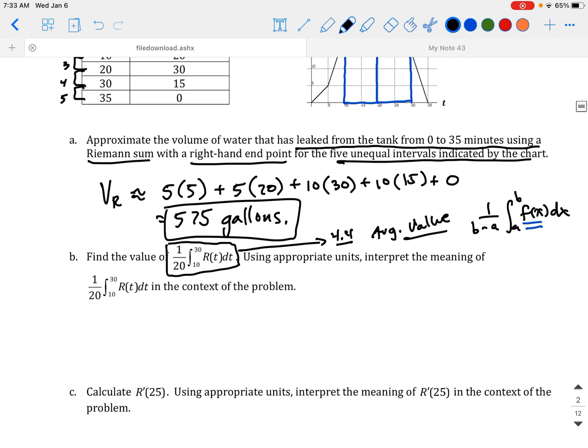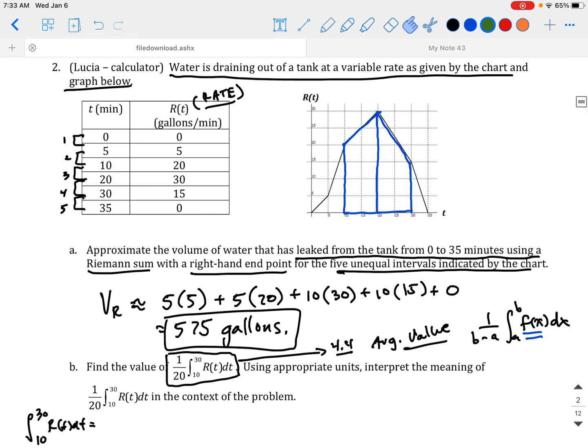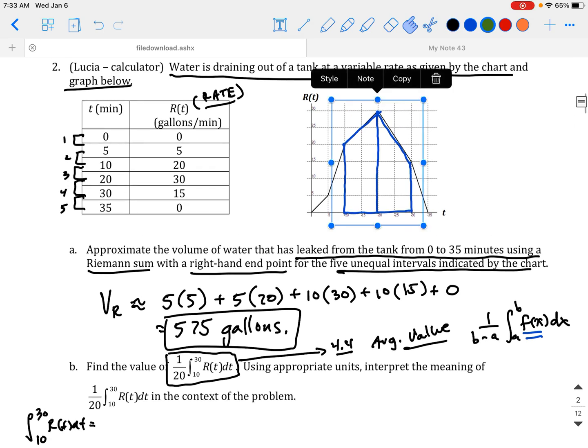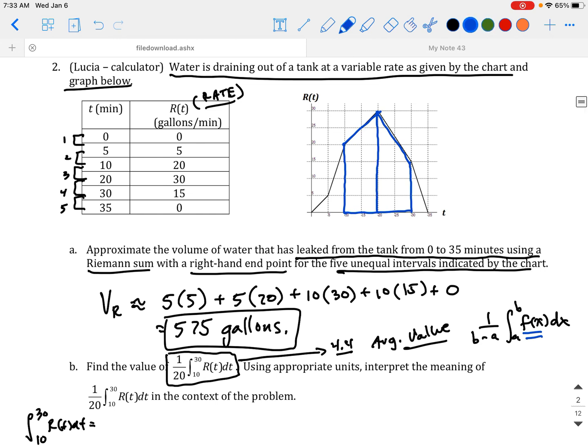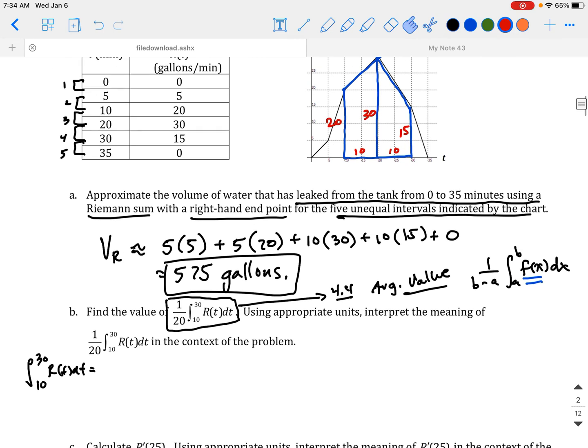All right, so let's go ahead and calculate that down here. So we'll do the integral from 10 to 30 of r of t dt is equal to, so our first trapezoid, let's do some calculations here. So that's 20, 30, that's 10, and then that's 15, and that's also 10.